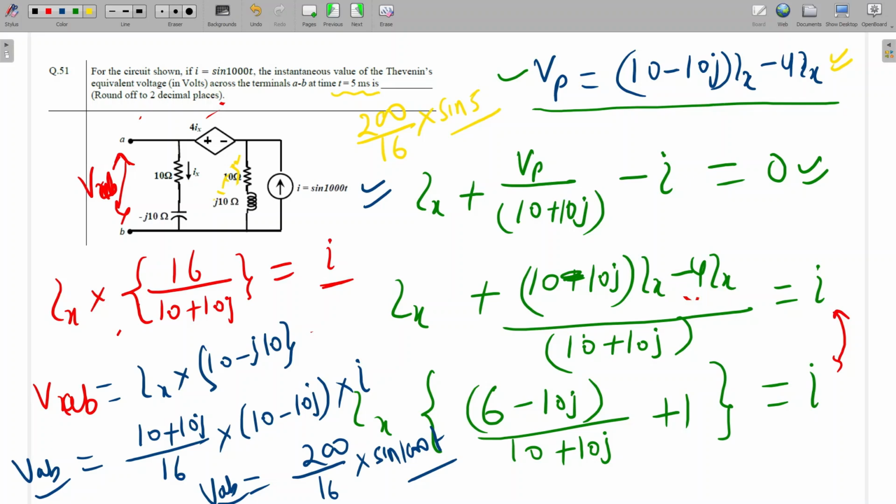Can anyone calculate what this value will be? 200 divided by 16 is 12.5, into sine 5, which is negative, so the answer will be minus 11.98 volts. See, with a simple one-line KVL equation you reach this point, put in the value of t, and you will get the final answer.